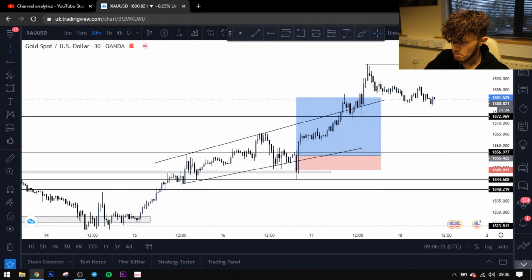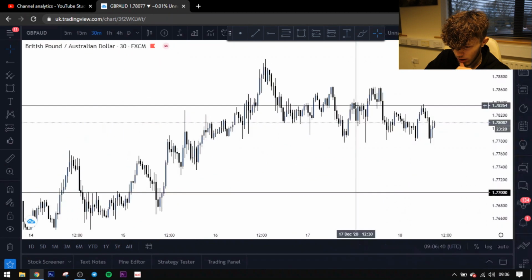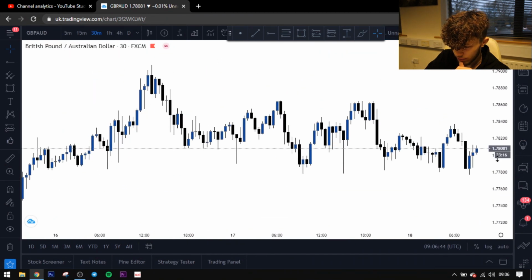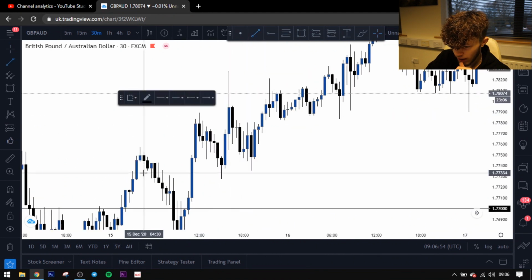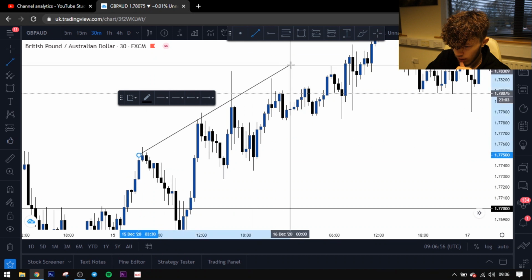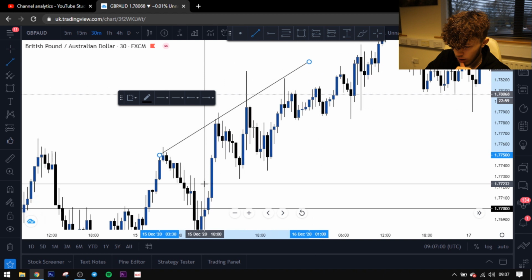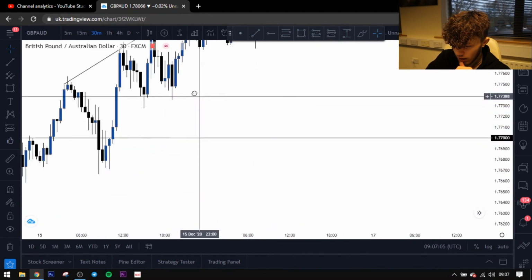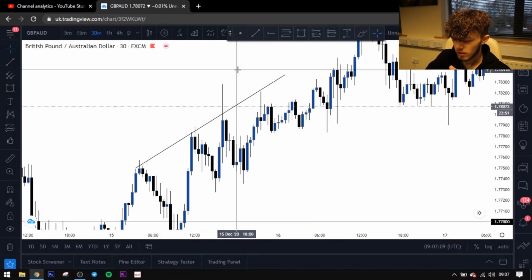If we look at some other pairs for this same thing happening, if we go on GBP AUD, you can see that price has done this around this area as well. So what we have is a nice push up. We have this ascending channel also on the bottom, and then price obviously wicks above it.